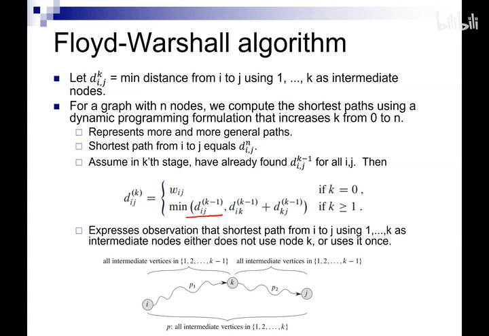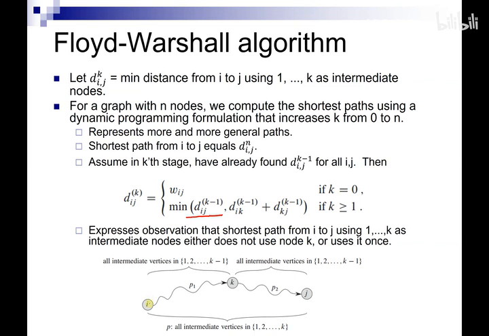So that's the first case. And d_ij(k-1), we've already computed this value, because we perform this DP stage by stage, so we assume that we've already found d_ij(k-1). Now, the other case is where you do use k as an intermediate node.